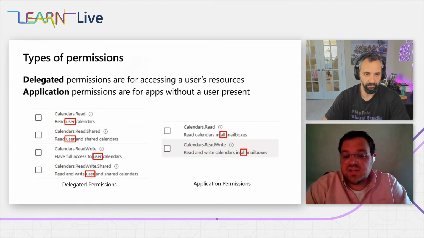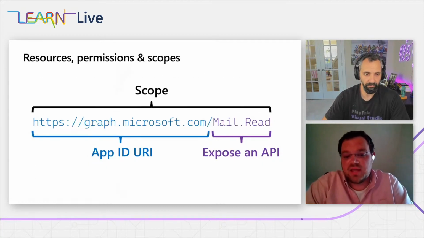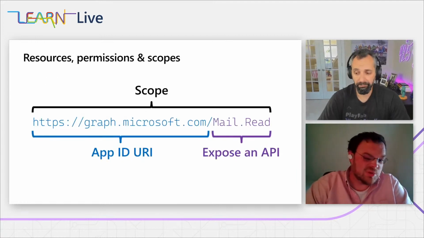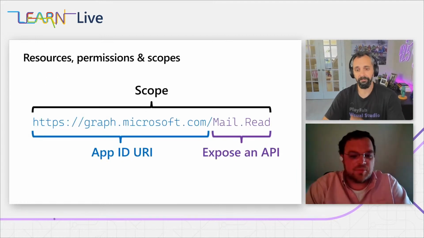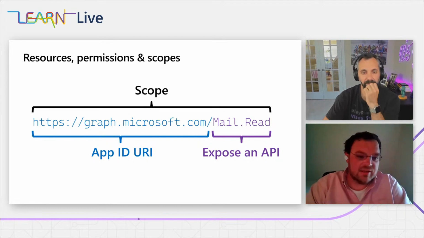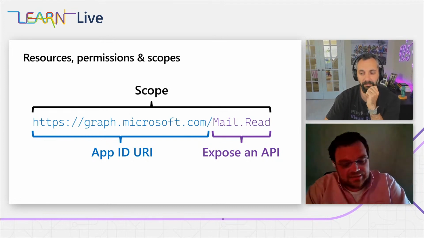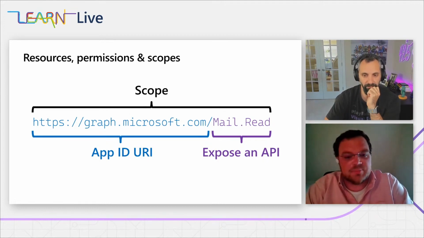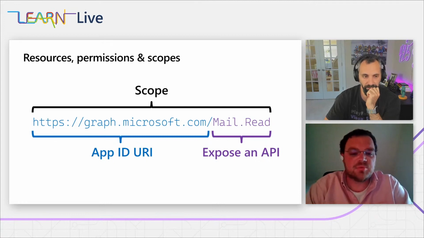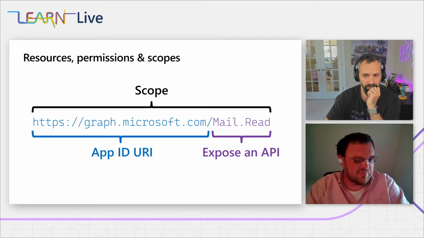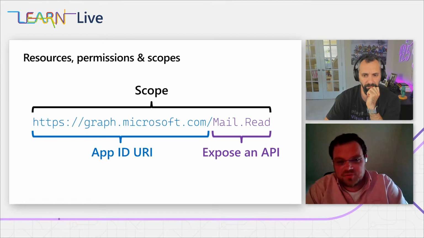When you're actually in the portal, you're going to see these called app IDs, the app ID URI, and that's going to be your resource. So that's in your manifest file. You'll also see that when you're defining these scopes, like in the expose an API window. And that's sort of like your namespace, for lack of a better term. It doesn't have to be the URL that the user is going to use.